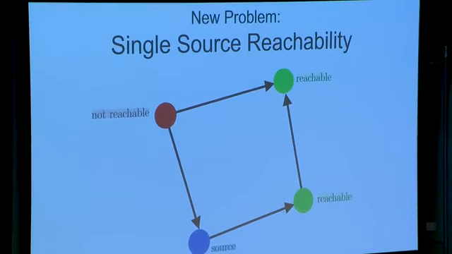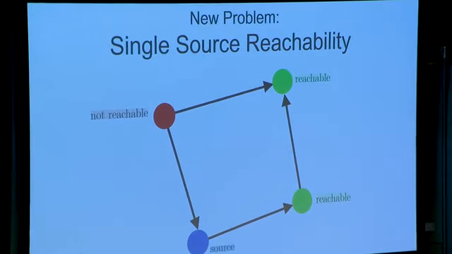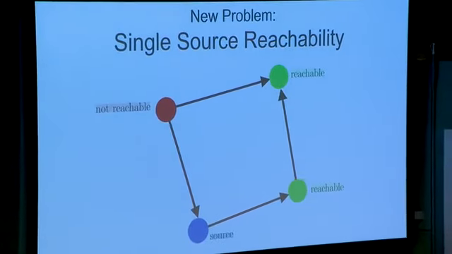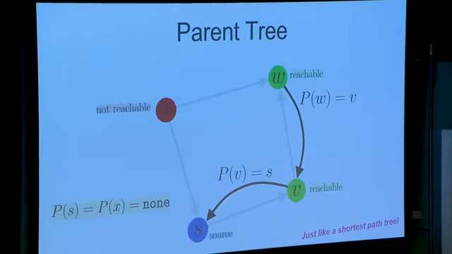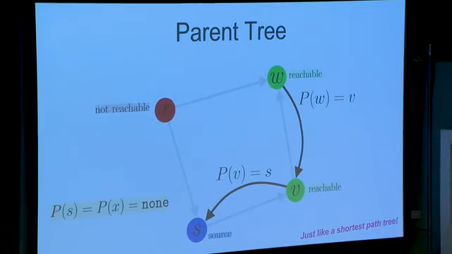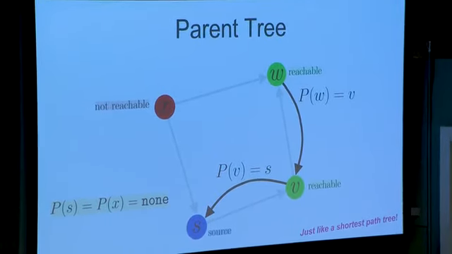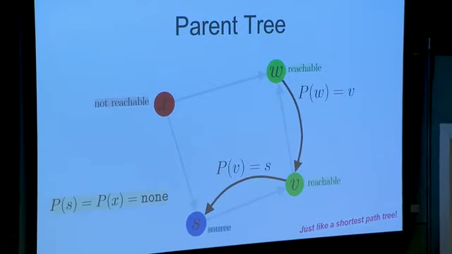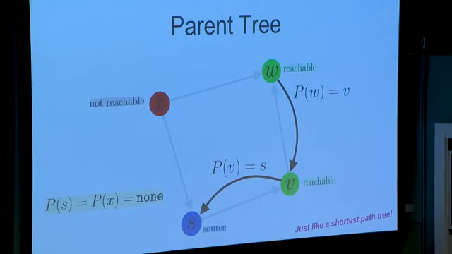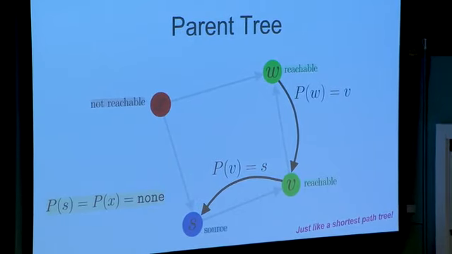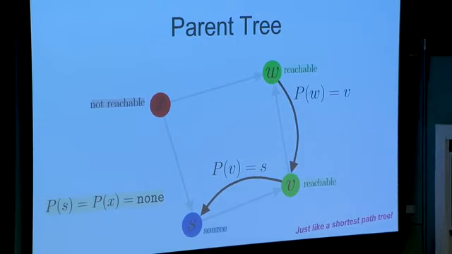In order to do that, just like last time, remember we defined a particular data structure that was the shortest path tree. We can do something very similar here. This is the extent of my PowerPoint skill here. If I have a reachability problem, I can decorate every node in my graph with one other piece of information, which is the previous node along some path from my source to that thing.